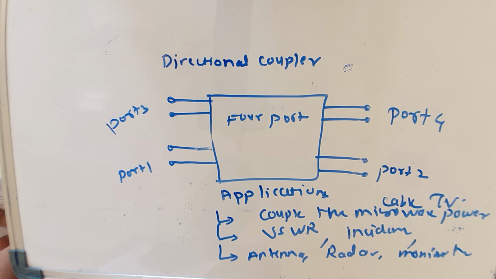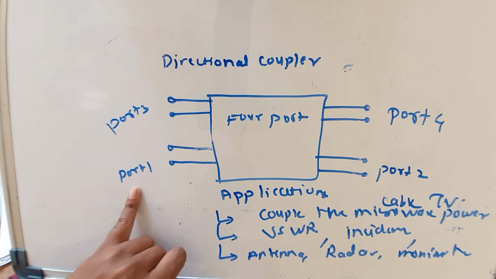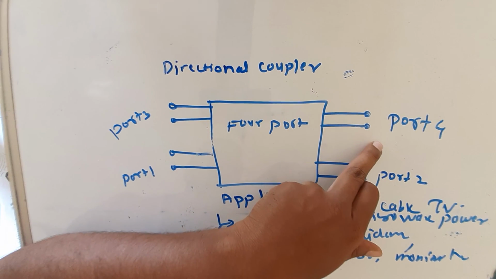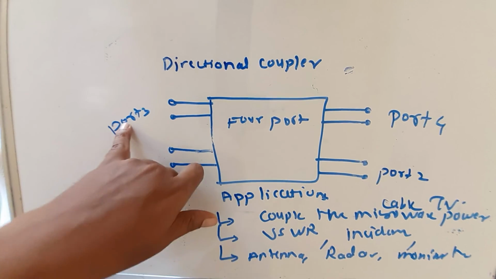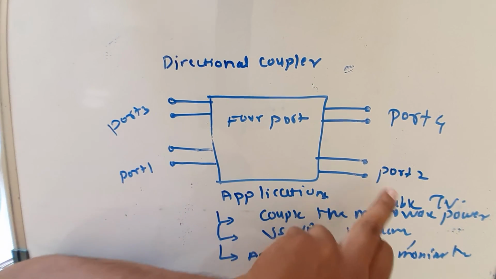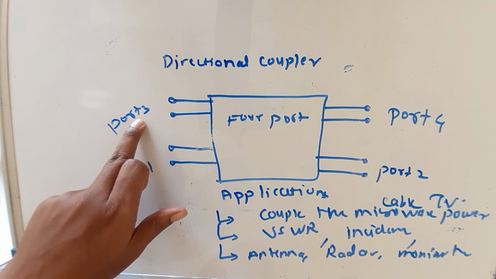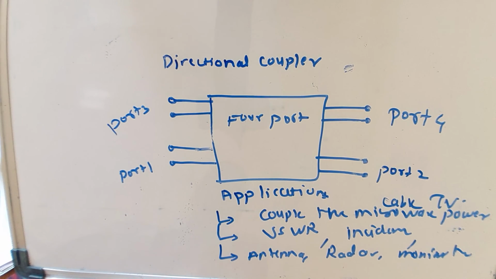It is also used for the distributed property of microwave circuits, and it has four ports, meaning port 1 to port 2 signal will travel, then the power will be measured at port 4 and no signal will come at port 3. Similarly, port 2 to port 1 signal will be measured at port 3, port 4 will be idle, so no signal will be measured at port 4.